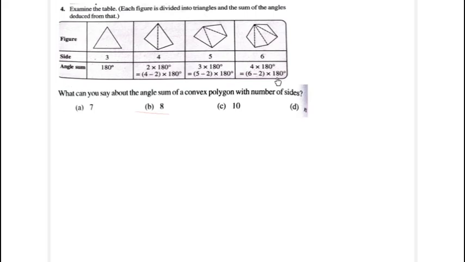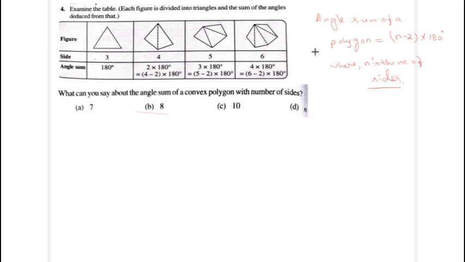So from here what we can say is that the angle sum of a polygon equals (n minus 2) into 180 degrees, where n is the number of sides.